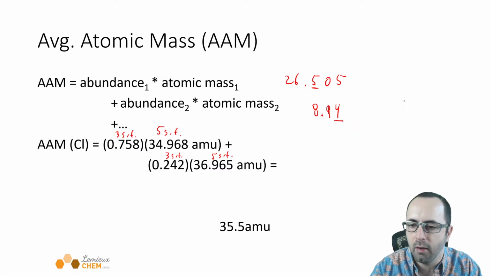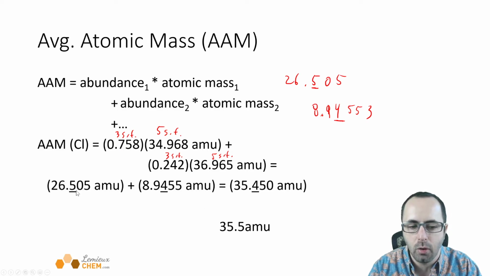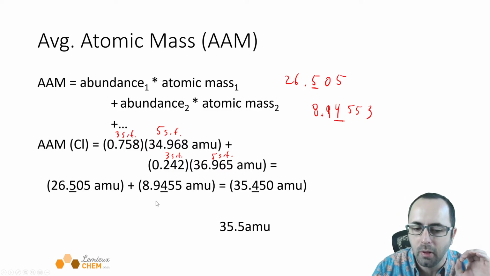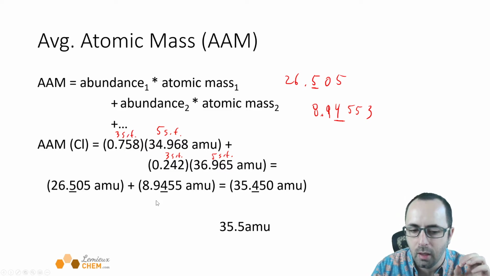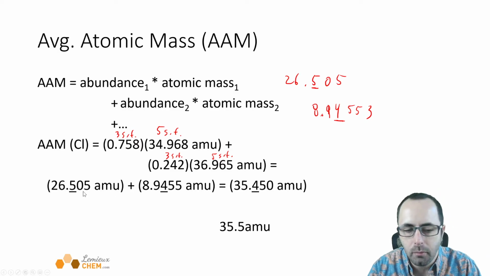And we have 553 past that, but those are not significant. The last sig fig is the 4. So you'll see here when I wrote these down, I made sure that I underlined my last sig fig so I could remind myself of the place value of the sig fig, because now what we're going to be doing is adding. And when you add and subtract, you look at the place value.